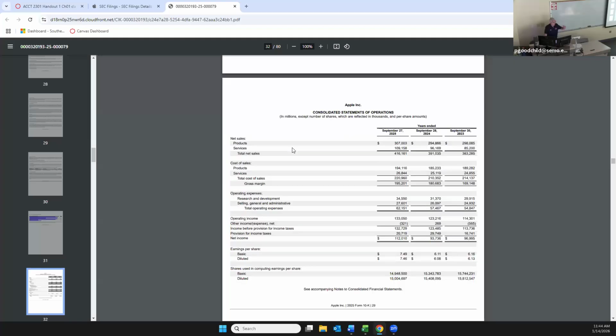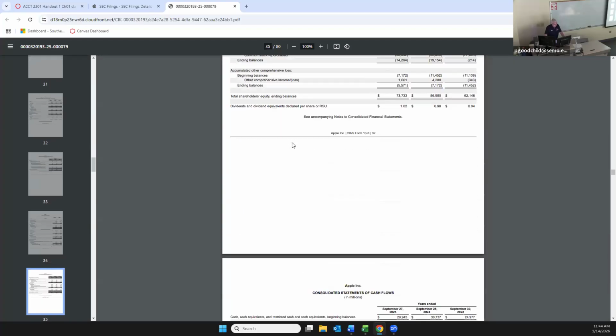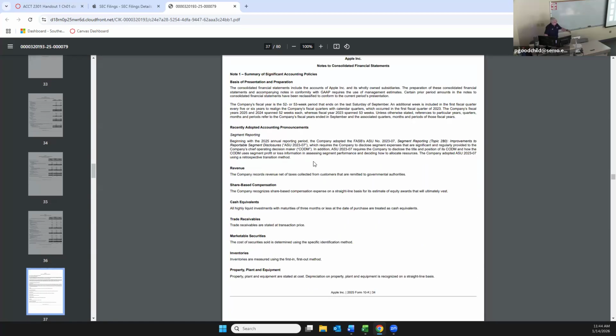While my definitions are sort of short and generic, you can find definitions in the company's financial statements. You can use Control F on a PDF to search for a specific one.